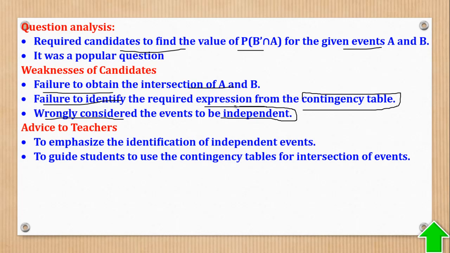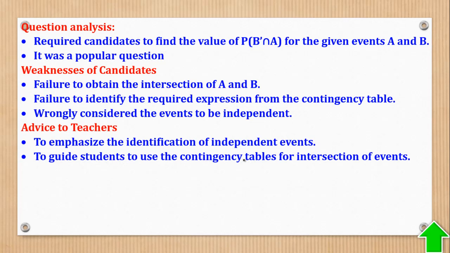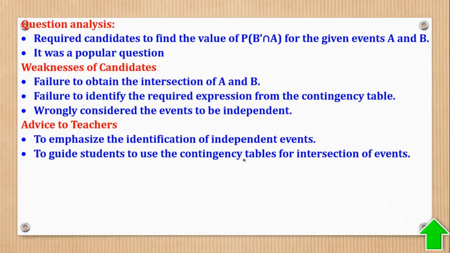So events are considered independent only if it is indicated in the question. Otherwise, you must use either a contingency table or a Venn diagram only. The advice is to emphasize the identification of independent events, and teachers should guide students to use contingency tables for intersection of events.